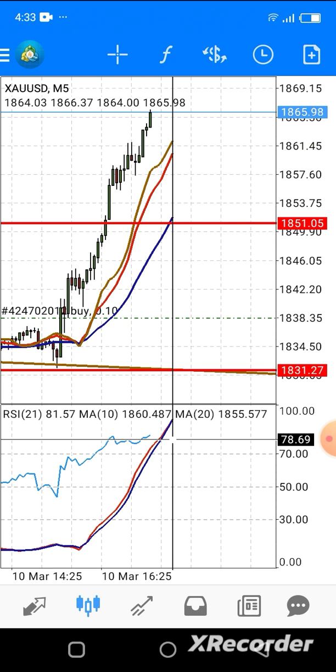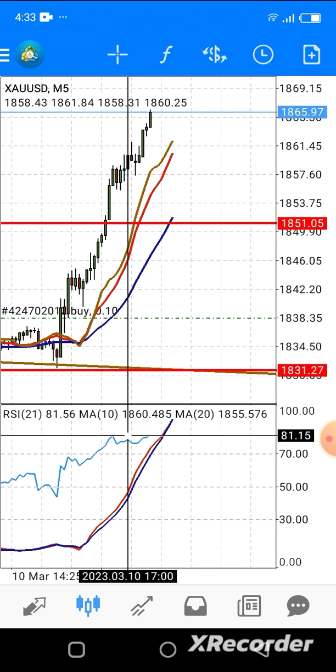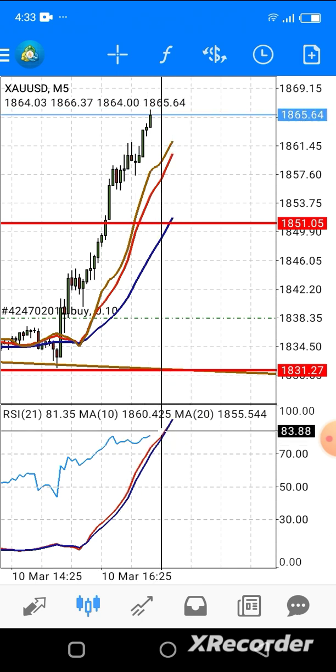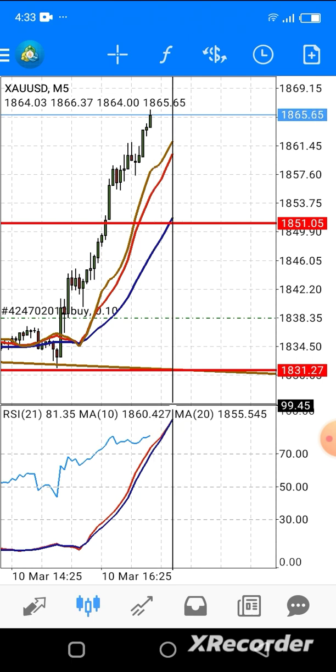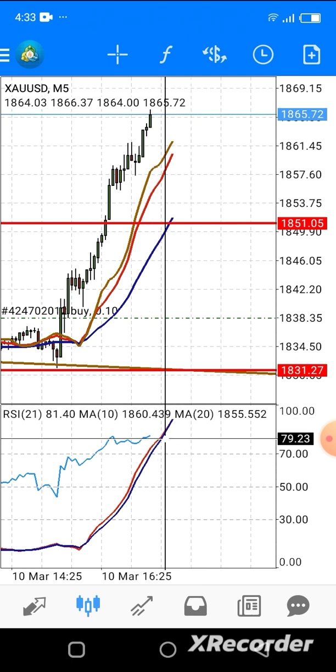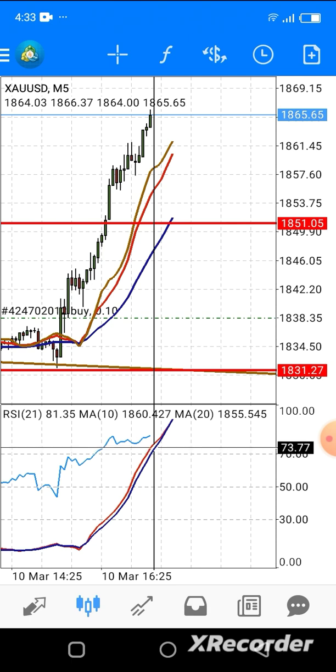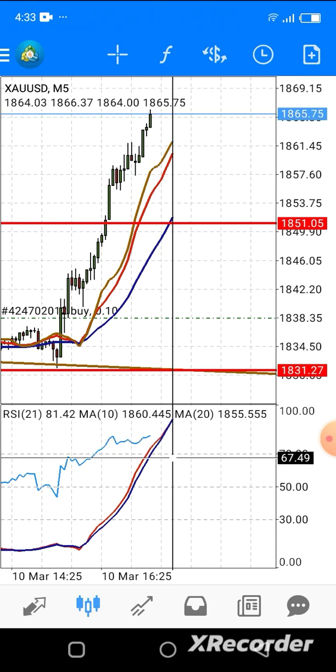It tells me that a downward movement might happen, that is, the market might retrace. So I need to leave the market and take my profit. So that is how this strategy works. My exit point will be when this red moving average crosses below the blue moving average.